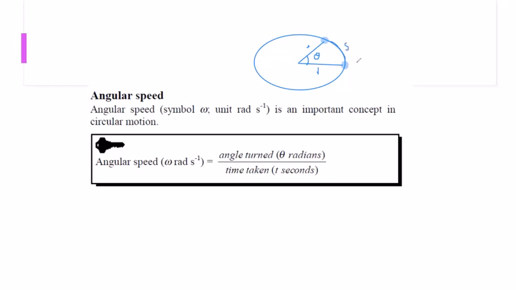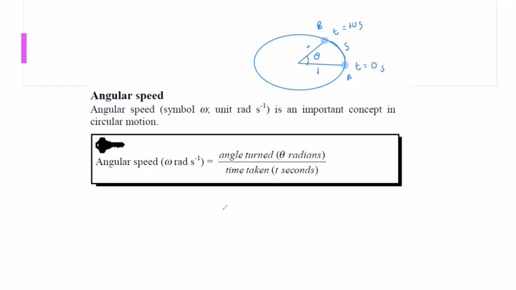So at position A, the time was 0, that's the beginning. When it reached position B, for example, the time is equal to 10 seconds. So how much angle change, or change in angle in 1 second, that is known as angular speed, or you can also say angular frequency.